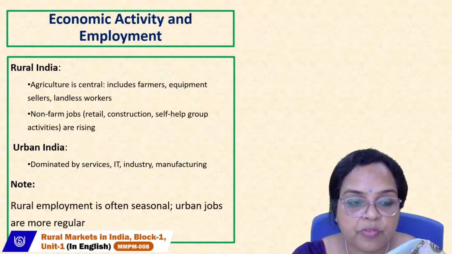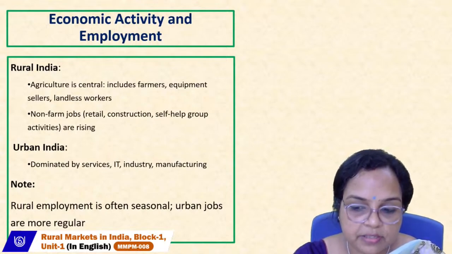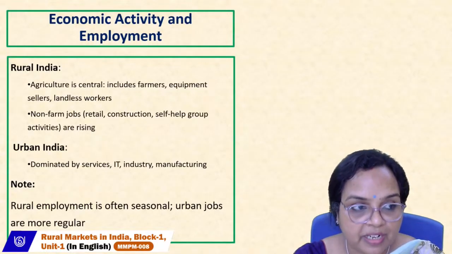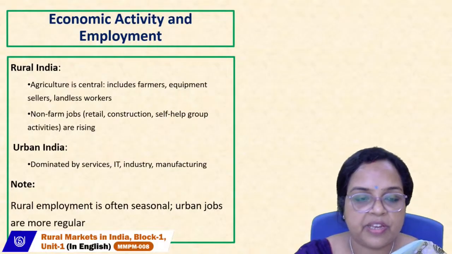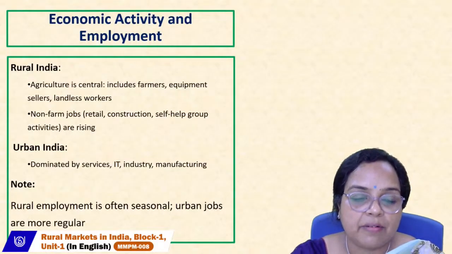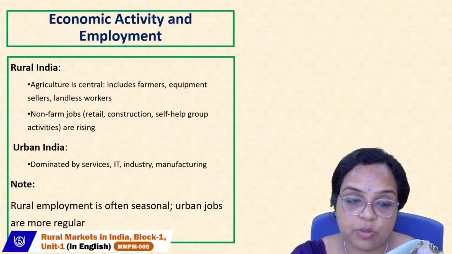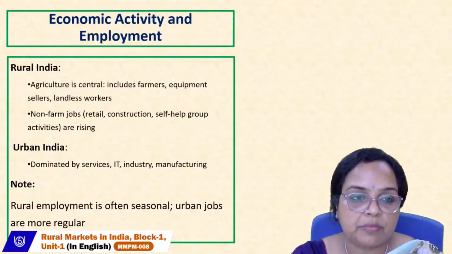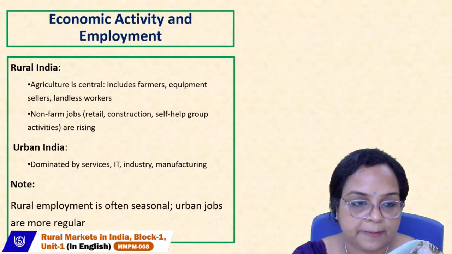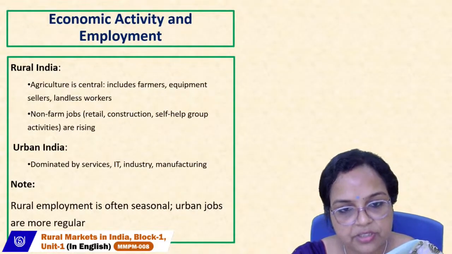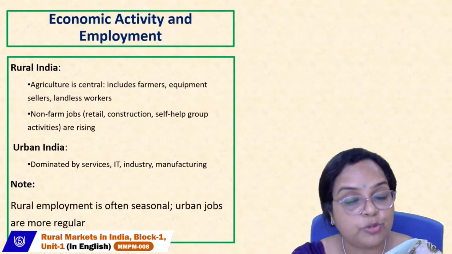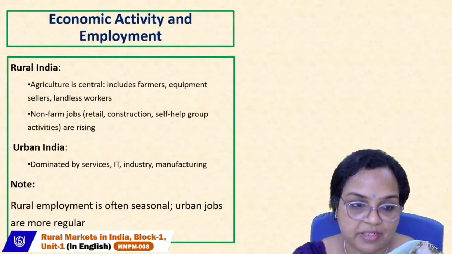Some people provide seeds, some provide tractors, some sprinkle your cultivation. The entire system of agriculture is known as the agricultural ecosystem. But the major source of income in the rural belt is agriculture. Non-farm jobs, as we discussed, like retail, construction, and self-help group activities, are also rising in the rural belt.